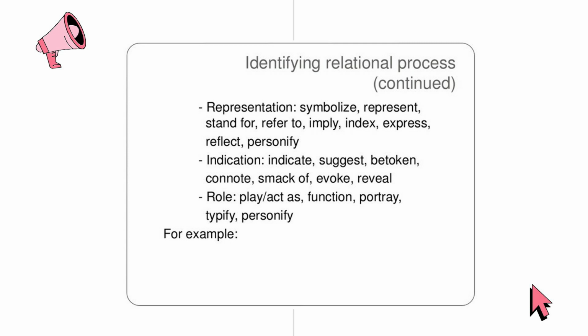The examples are indicate, suggest, betoken, connote, smack of, evoke, and reveal. And the last type is role. The examples are play or act as, function, portray, typify, and personify.